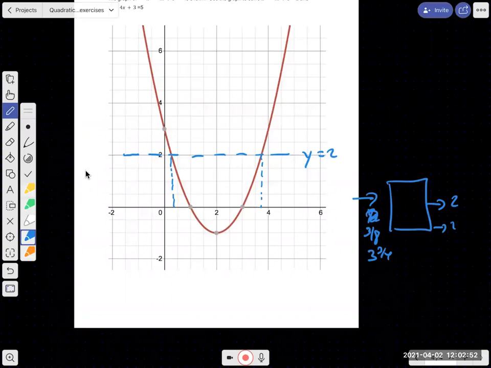Now, what about for 5? Where's 5? So here's 4, here's 5. If we go across on that line, we see that we get a value that's right on a lattice point. So it looks like we could get minus 1/2.